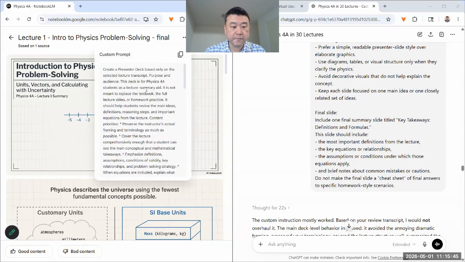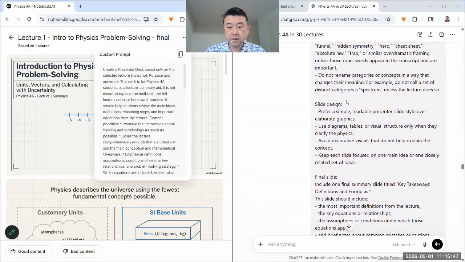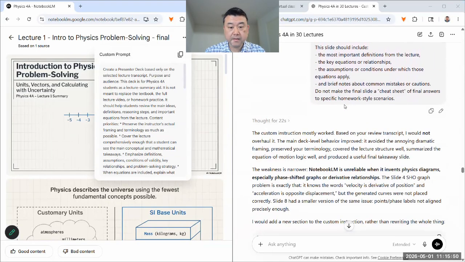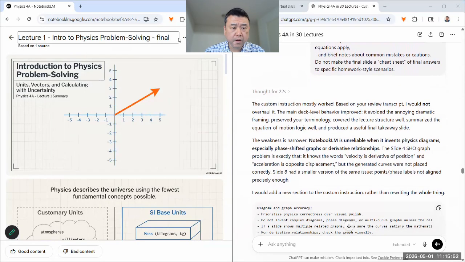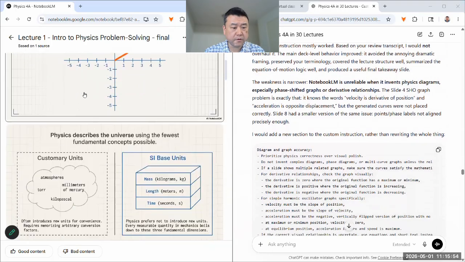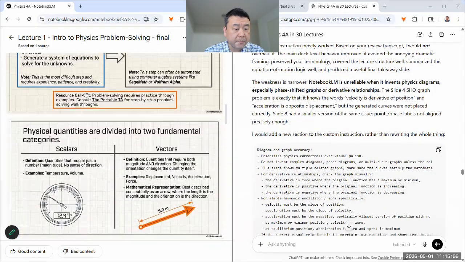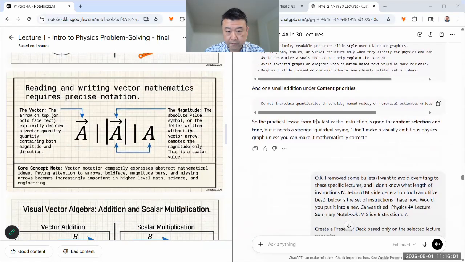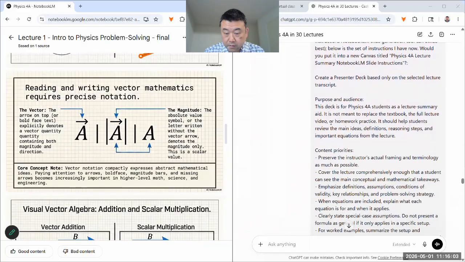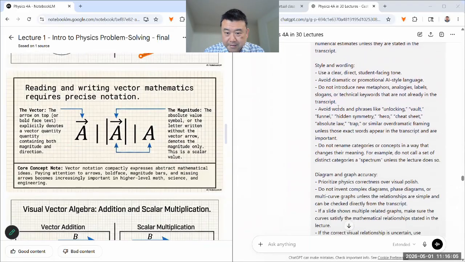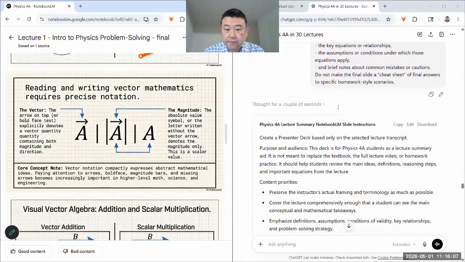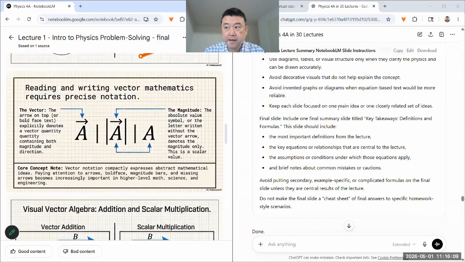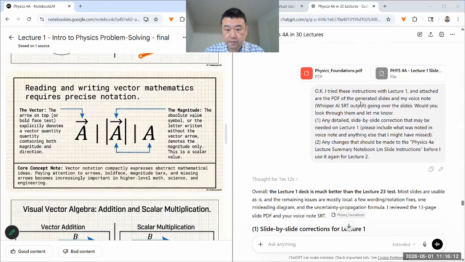This prompt should match what's here, and then I went through a few rounds of trying to correct some of the typos and whatnot, and the rest of that is that. Wait, no, okay. This is the instruction that I used, I think, for lecture one, and then I generated it. This is the slides it generated, or if I click on it, what happens?